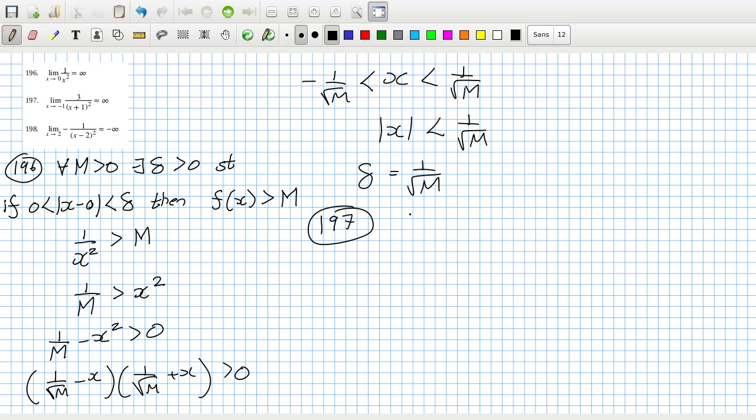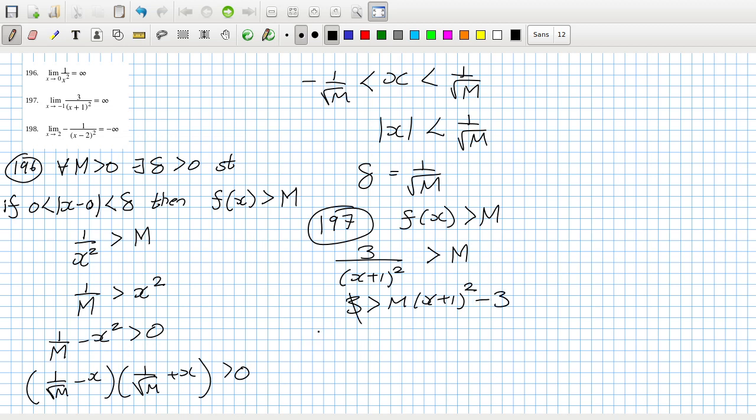Let's try again now. Same situation. f of x more than m. So we have 3 over x plus 1 squared. We need that to be more than m. 3 more than m times x plus 1 squared. So take that over.